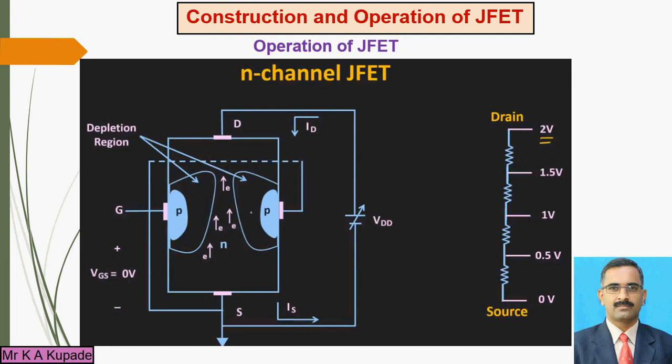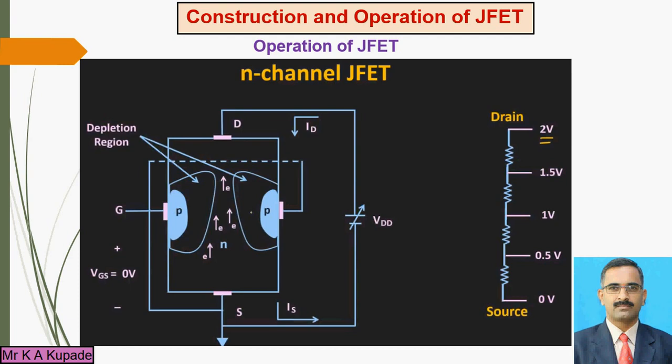Due to that, there is no flow of current. As a theoretical concept there is no current, but in practice some current flows through the JFET. So this is the operation of a JFET.